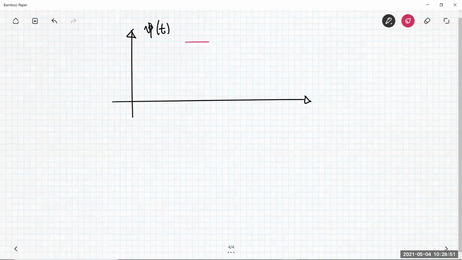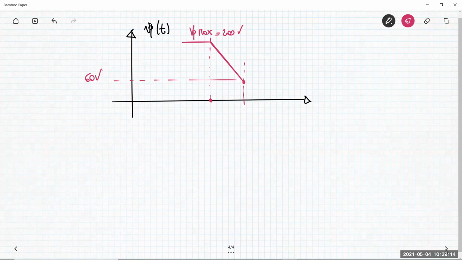We have Vp max, which is 200 volt. Then we start at this point the discharging phase, operated by the boost operative mode up to the voltage of 60 volt. This phase is 70 microsecond.